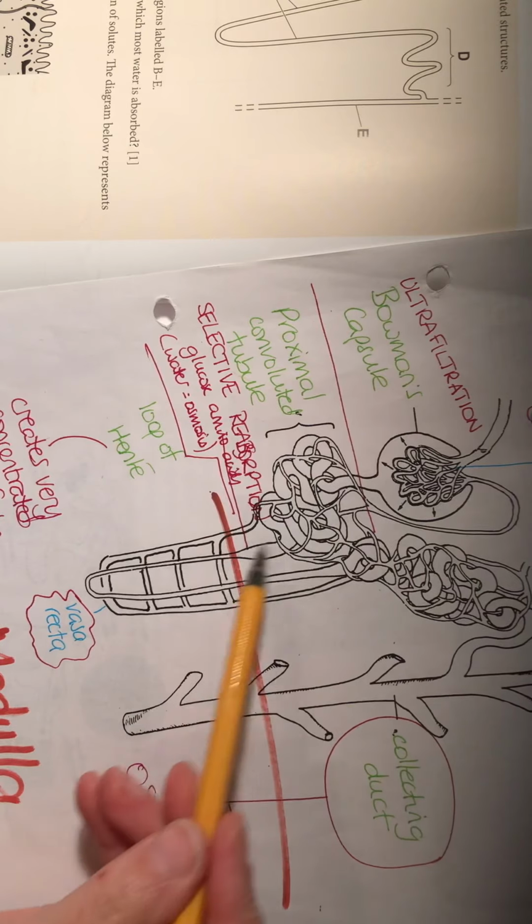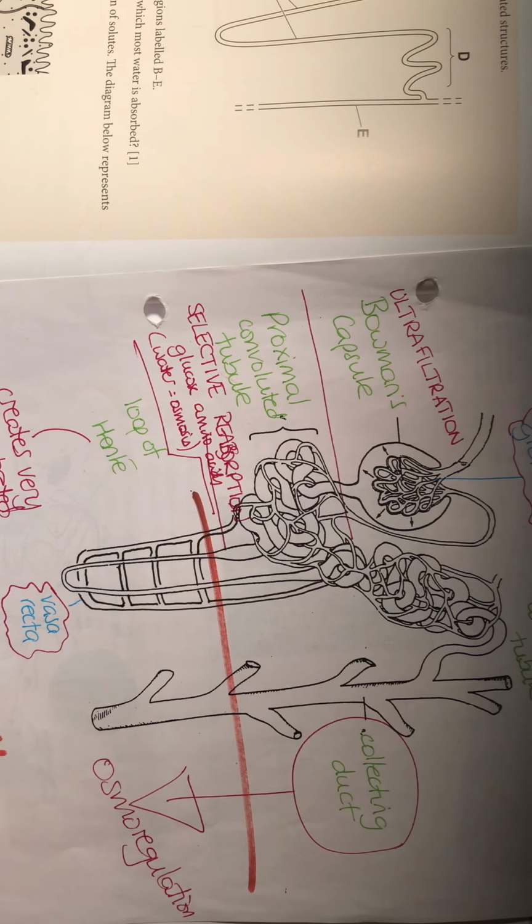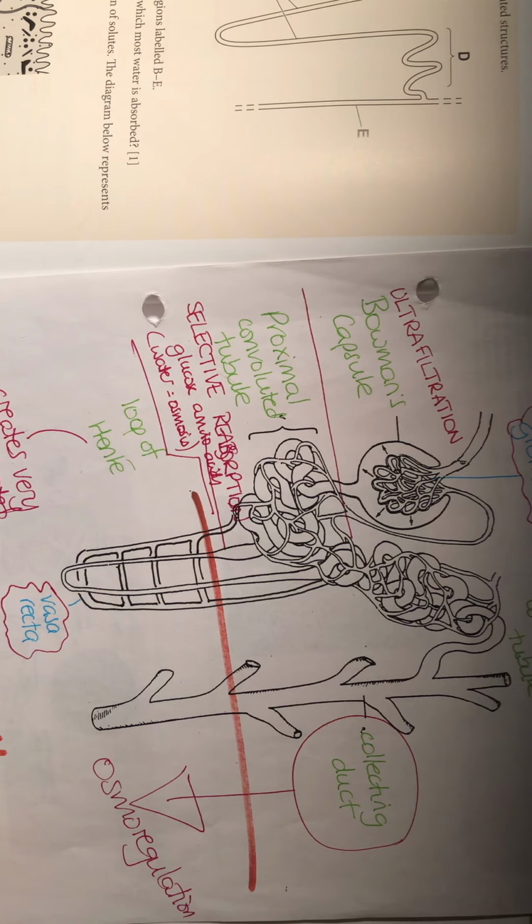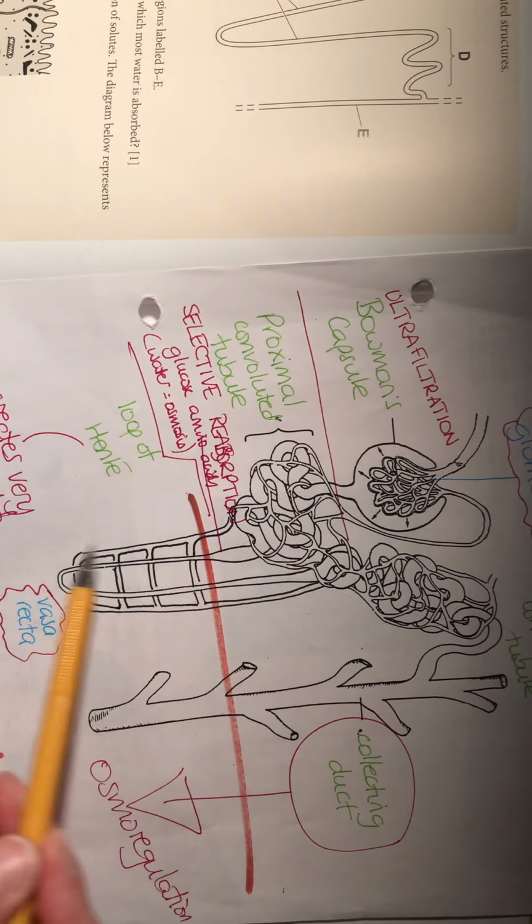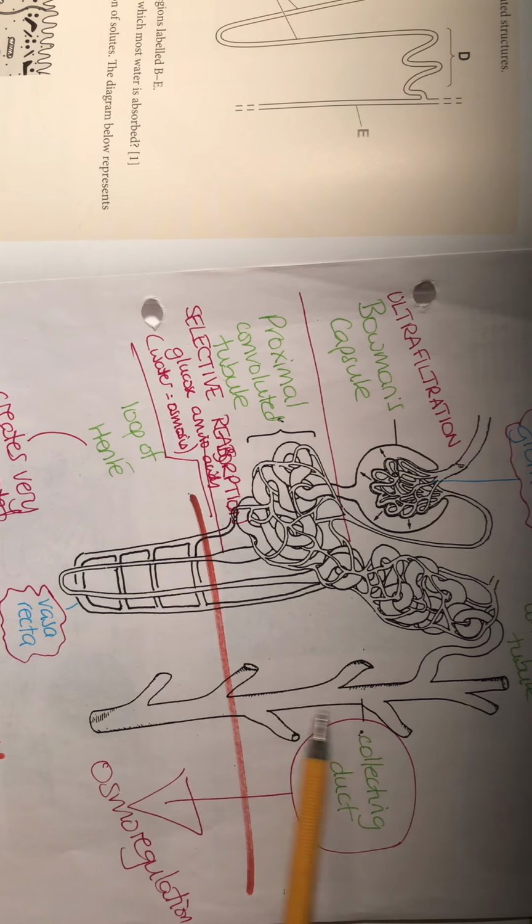Oh, here we go. Yeah, the longer the loop of Henle, the more and more concentrated the medulla is going to be. So the longer the loop of Henle, the more water is going to move out of the collecting duct, and therefore more water will be reabsorbed into the blood. Why is that?